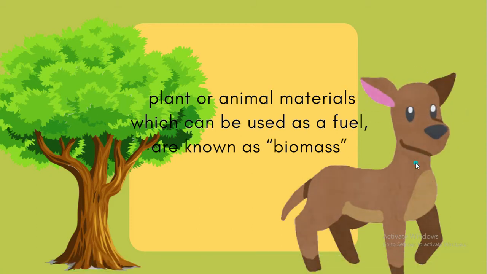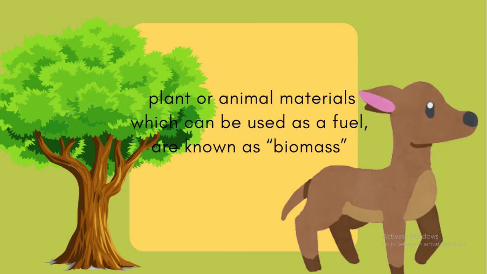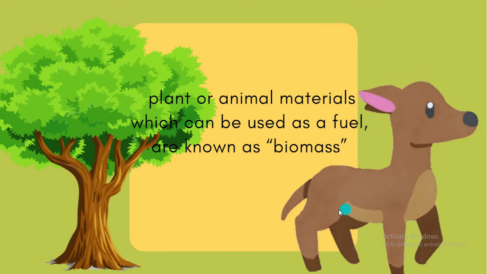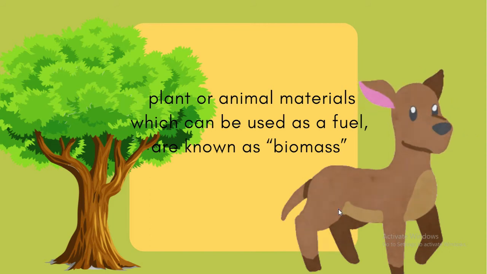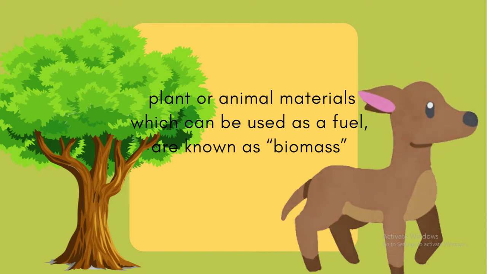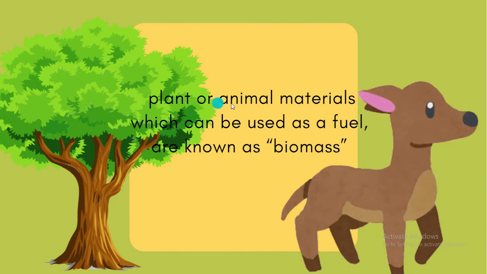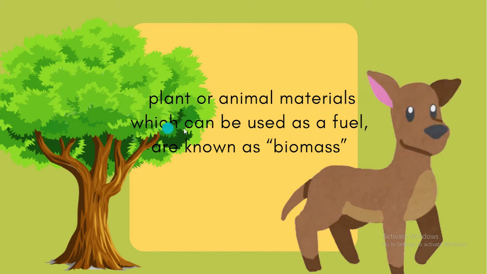All these parts can be used as fuel when animals are dead. When animals are dead, we can use them as a fuel also. Plant or animal materials which can be used as fuel are known as biomass.